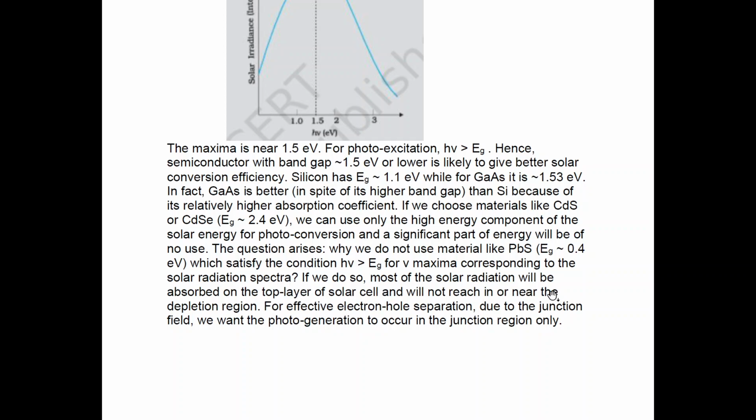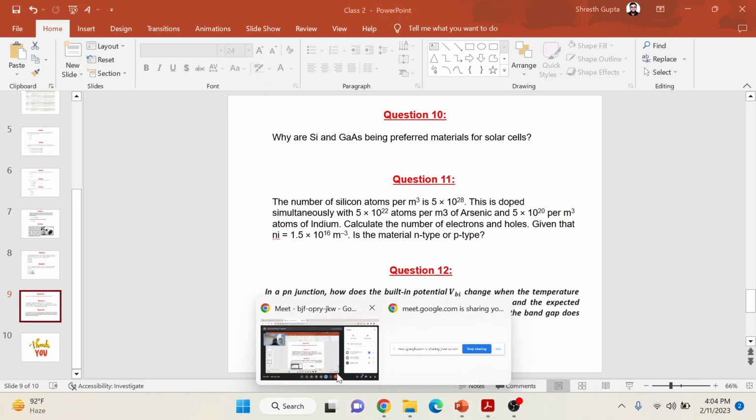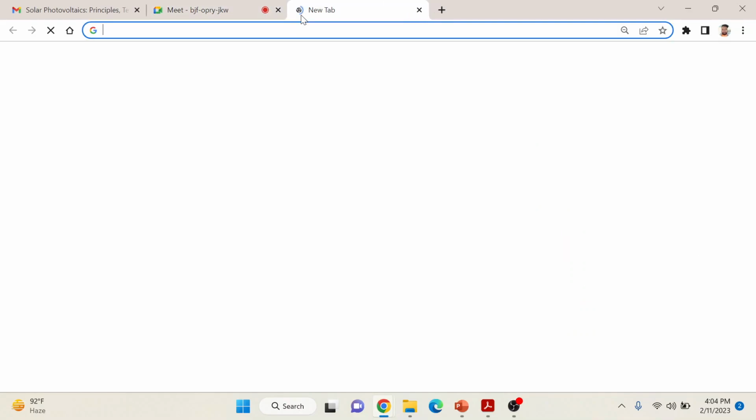Because the solar radiation will be absorbed at the top layer of the solar cell and will not reach in or near the depletion region. For effective electron hole separation due to the junction field, we want the photo generation to occur in the junction region only.